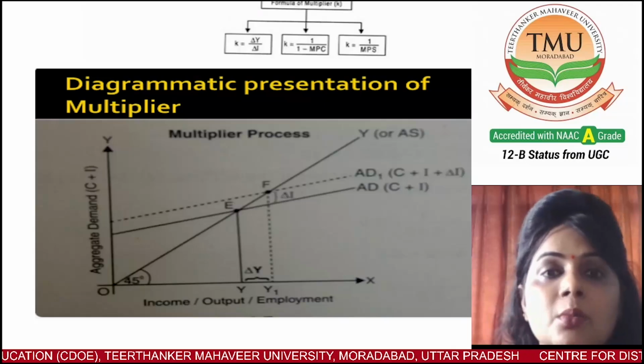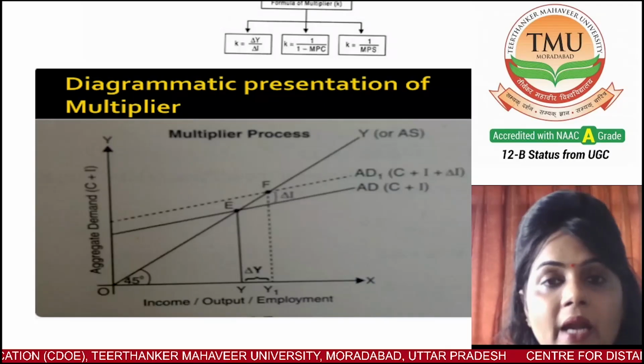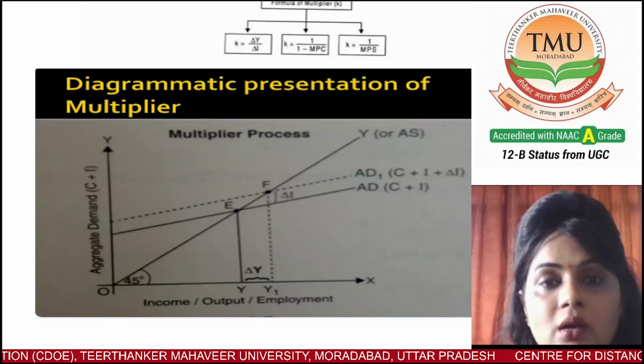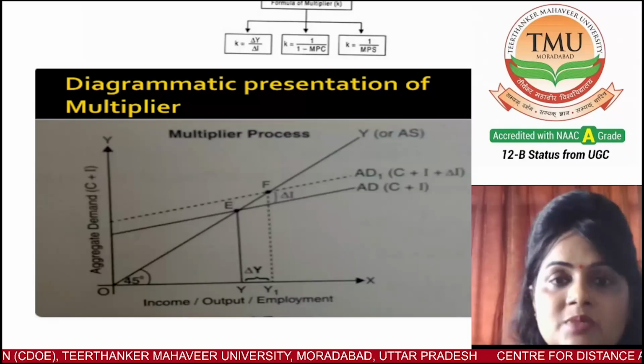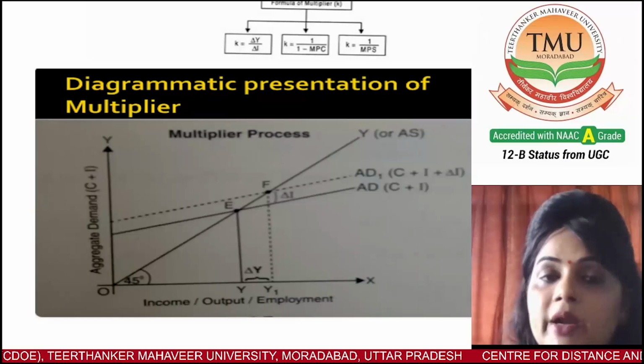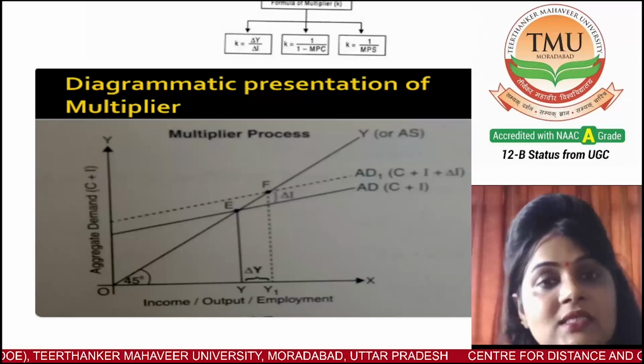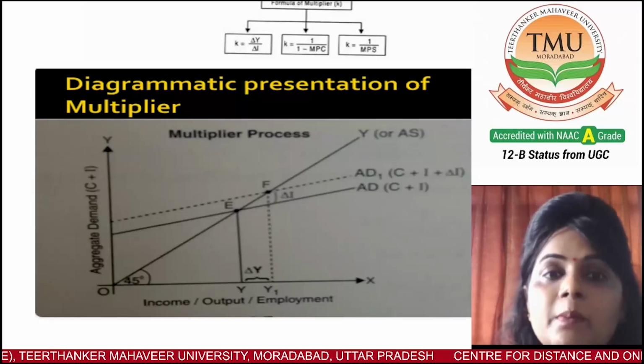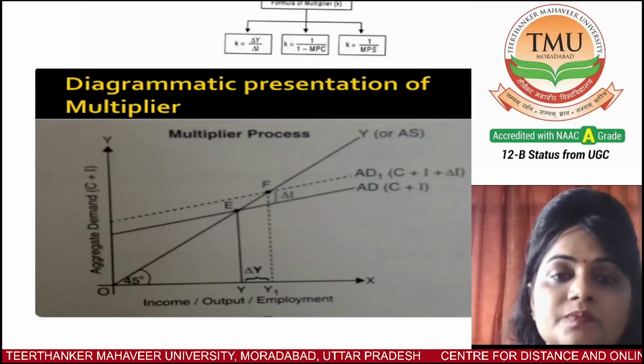The multiplier process will continue, and every round's consumer expenditure will be equal to 0.80 times the extra income earned in the previous round.